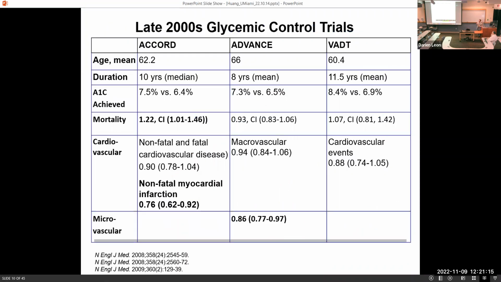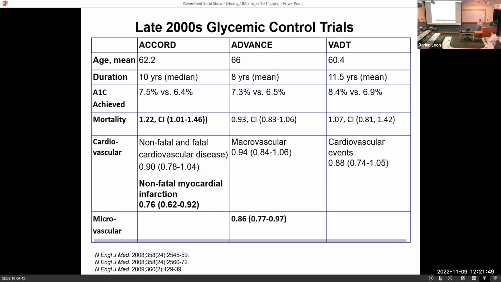Then after UKPDS was published, and probably around the same time, there was criticism of the UKPDS because during the course of the trial, it did not show that you could prevent cardiovascular events with glucose lowering. So a series of trials were designed in the early 2000s: ACCORD from the NIH, ADVANCE from Europe, and then the VADT done in the VA, all asking the question, if we lower sugar even more to A1Cs below 7, to 6.5, can we prevent cardiovascular events?